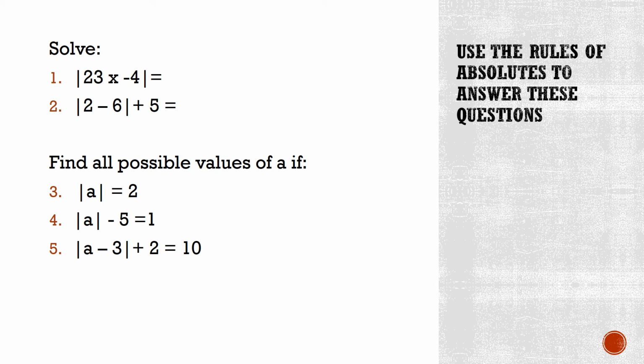Nope. 92. Close. So 23 times -4 would be actually -92, but because we're using the absolute, it is just positive 92, because it's 92 away from 0.